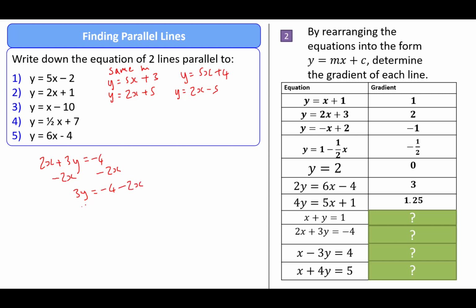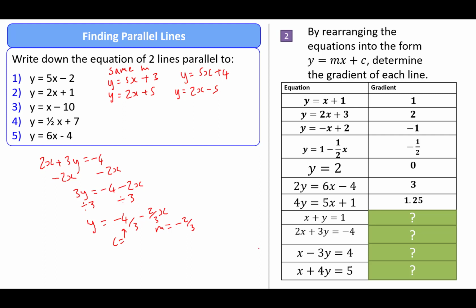Now that's 3y, we want it in the form of y equals mx plus c, so we divide both sides by 3. Minus 2 over 3x, because 2 divided by 3 is 2 over 3, so you can see m equals minus 2 over 3 here. If they asked you what c was, or the y-intercept, c would equal this number here.